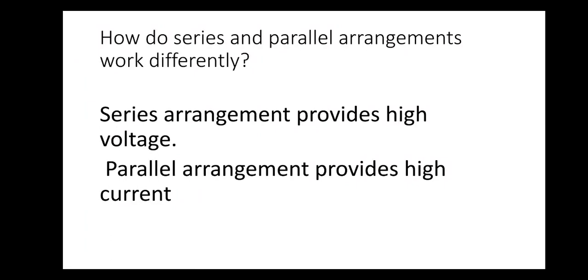Both series and parallel arrangements of cells are used in batteries of cars, trucks, tractors and inverters, etc. So this is the main difference between series and parallel arrangements. Series arrangement of cells provides higher electric voltage, but in parallel the electric current is maximum.